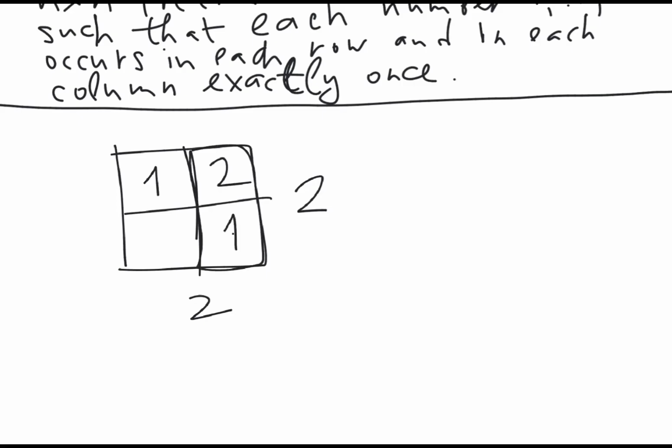Here it remains only 2. So this is a Latin square of order 2. And by the way, n is called the order of the Latin square.